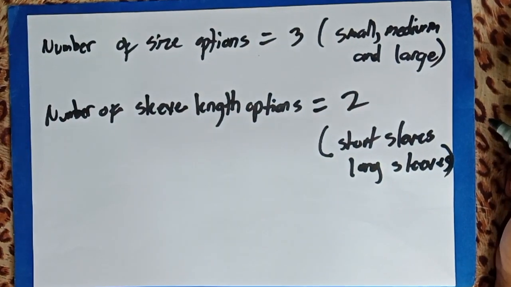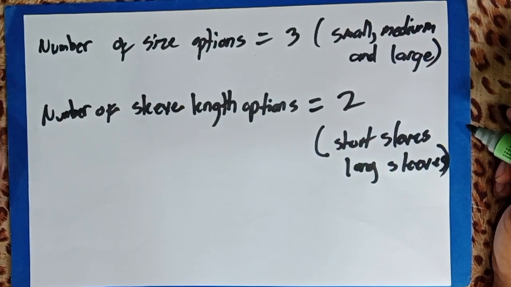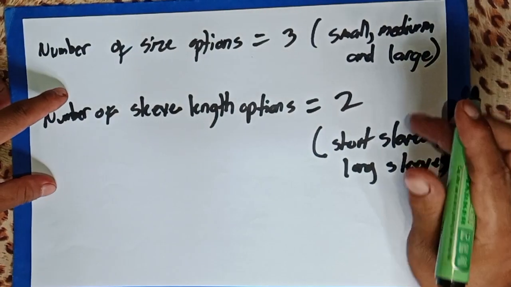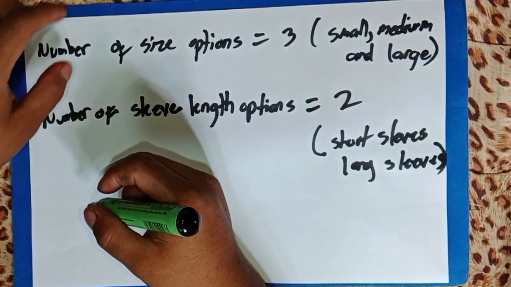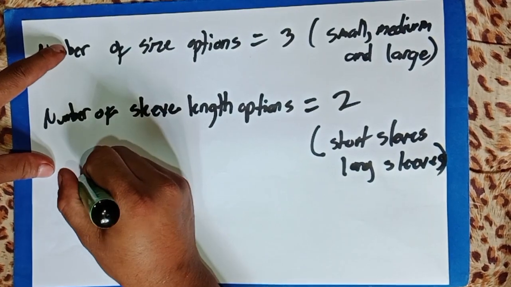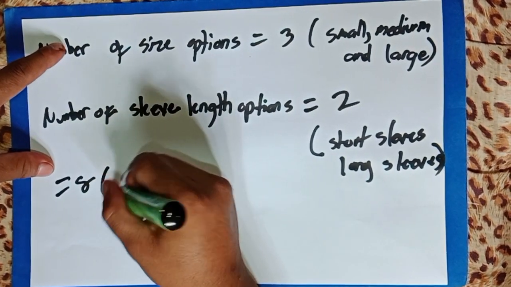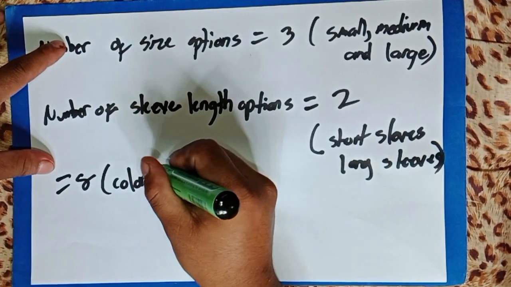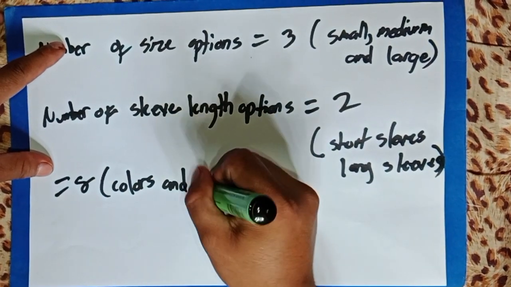Now, the total number of different ways to design the t-shirts. We have 8 colors and logos, from the addition principle of counting, so 8 is for colors and logo.